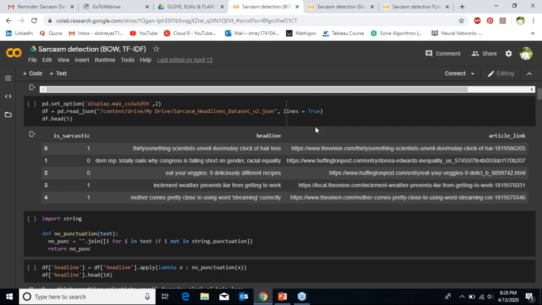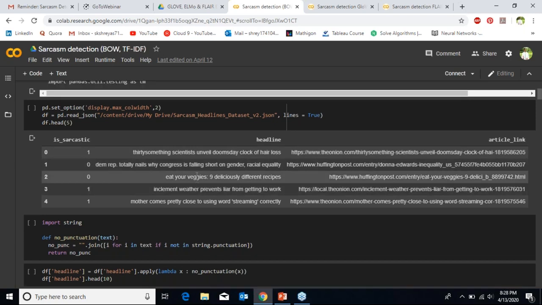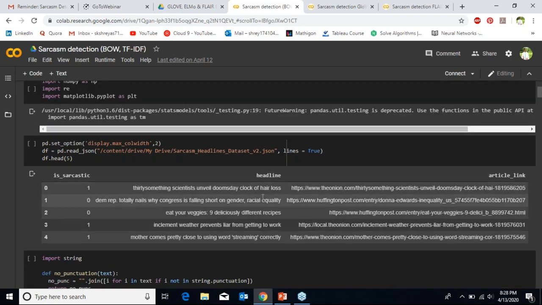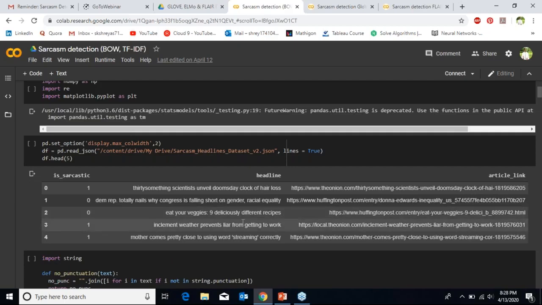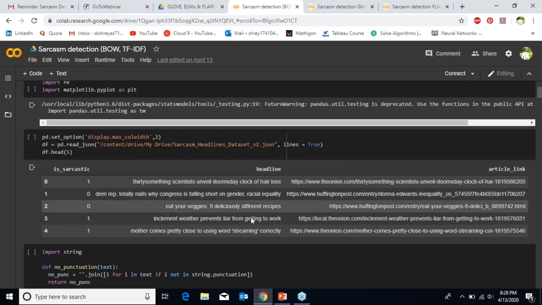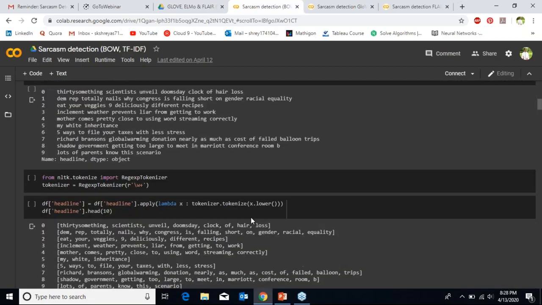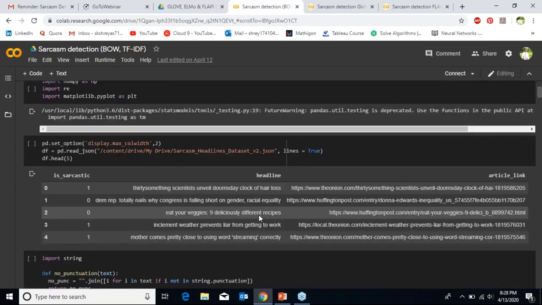Okay, so the sarcasm detection problem that I am dealing with in this webinar is a supervised learning problem. The input data set is from news articles, from two separate news sources, Onion and Huffington Post.